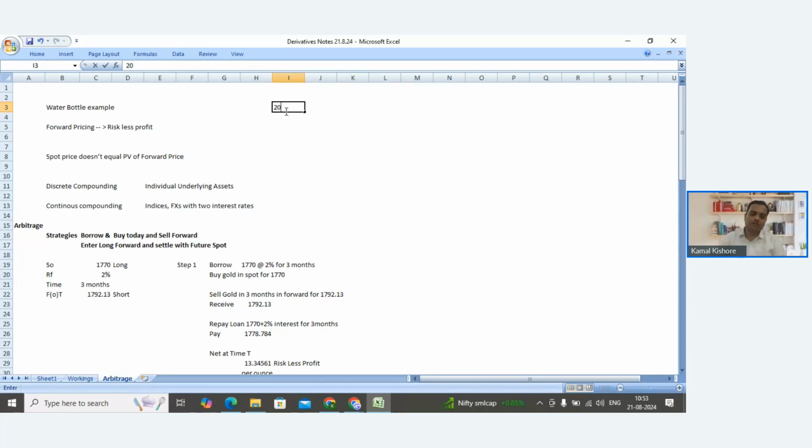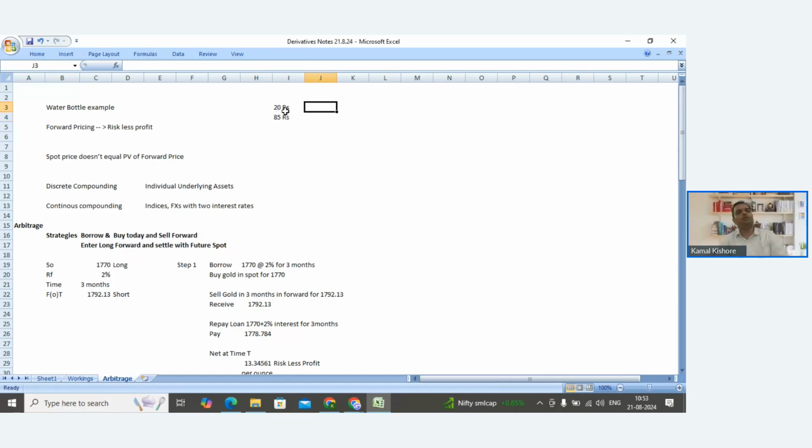What will be the price of this water bottle in the US? Roughly, say $1. It is not $1, it will be more than that. But even if you say $1, it will be 85 rupees. So here it is available for 20 rupees, in the US it is available for 85 rupees.